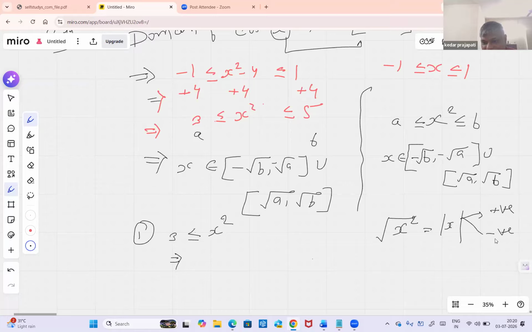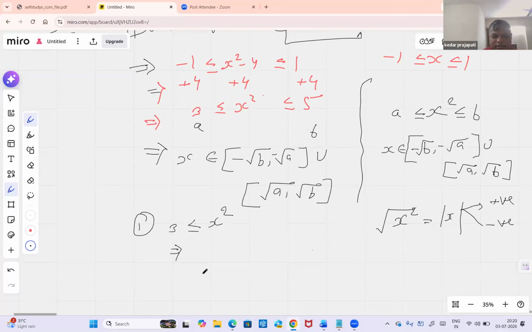If x is less than, so mod x will be negative, right? So this equation is also like that, correct? Here x square equal to 3, right? So which implies x square is greater than or equal to 3. Now take square root both sides.